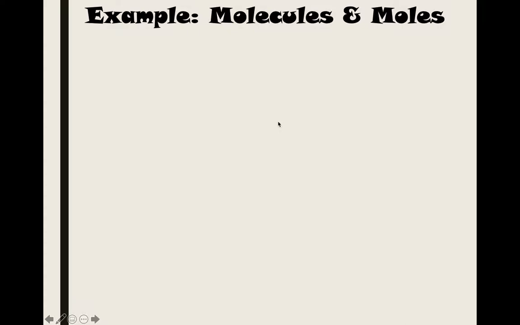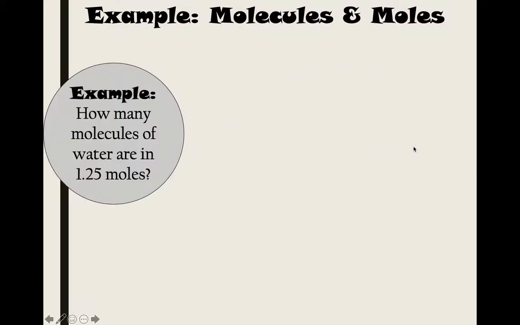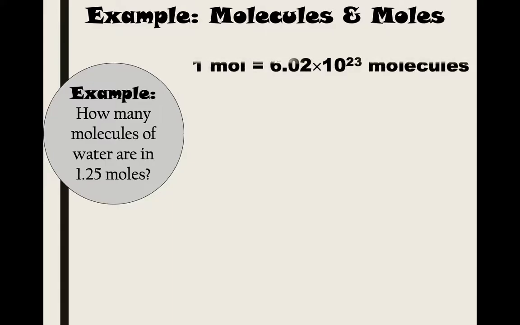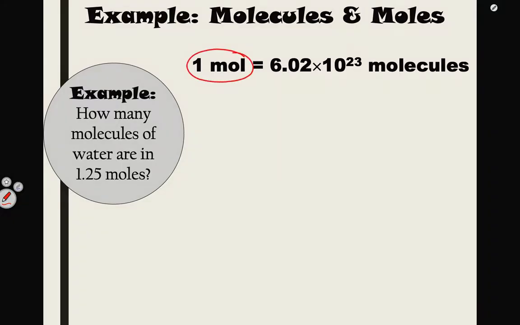So let's look at an example of how we actually go about this conversion. Let's say our problem is: how many molecules of water are in 1.25 moles? Well, I know that 1 mole is 6.02 times 10 to the 23rd. So if I have 1.25 moles of something, all I need to do is multiply by Avogadro's number.